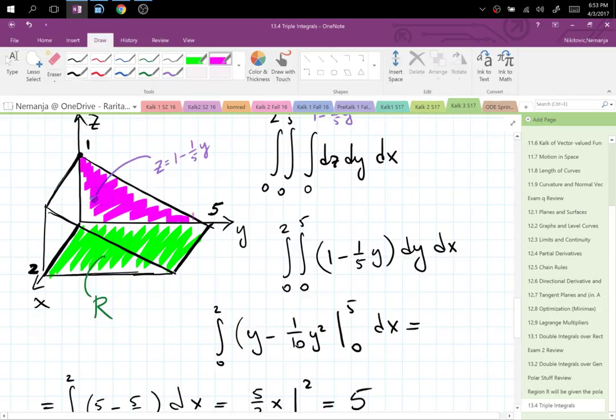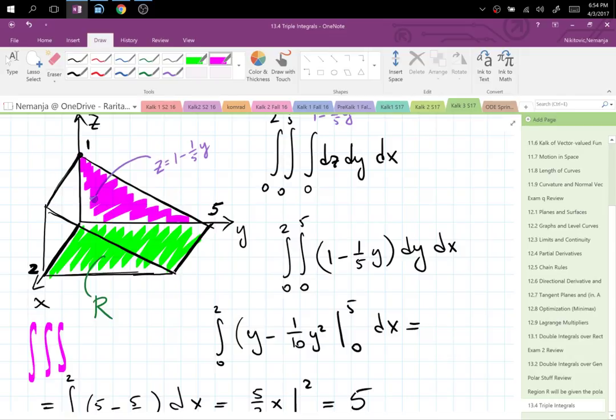your region of integration, and if you do that, then you will have a triple integral. The order of integration would be, now remember, your y and your z are now your base.